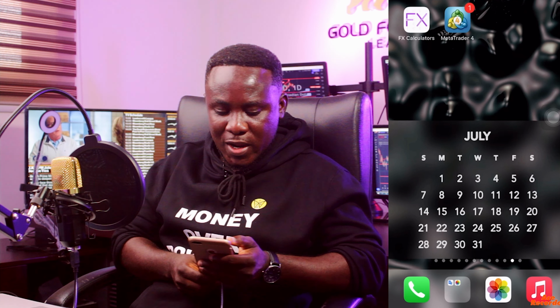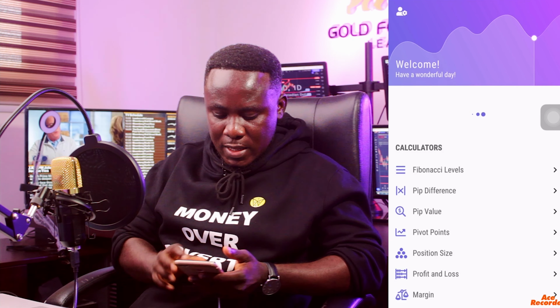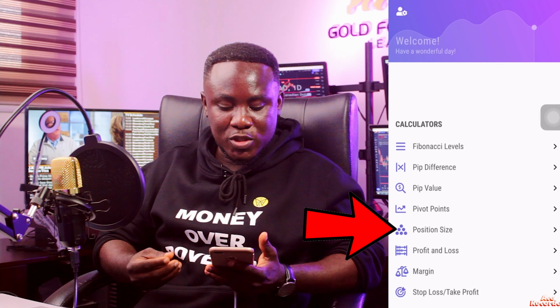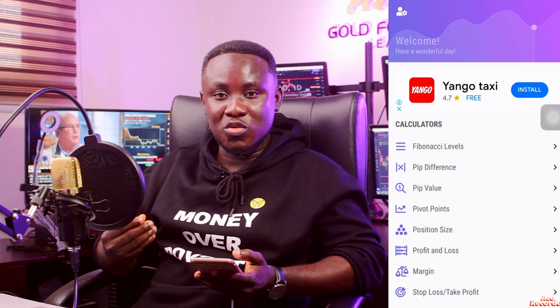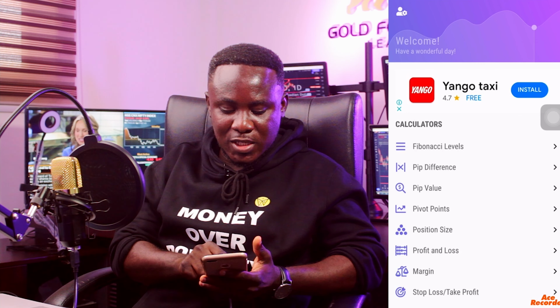Now, when you click on the FX, the first thing you should look out for is the position size. So the position size is actually what you are going to use to calculate your lot size. So you click on the position size.